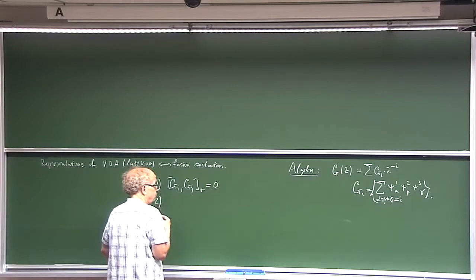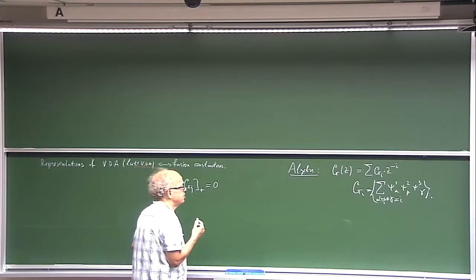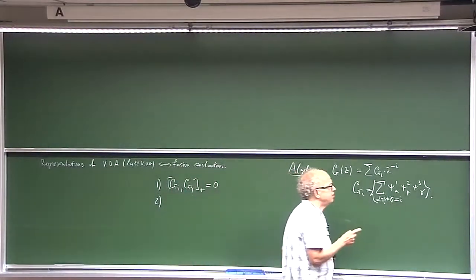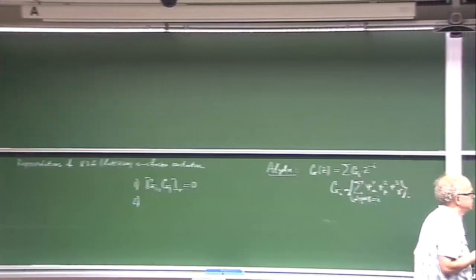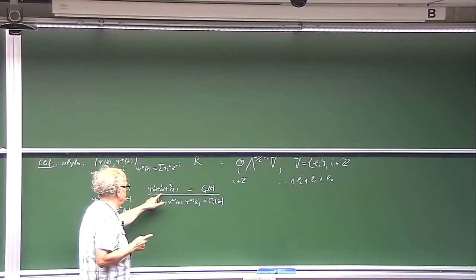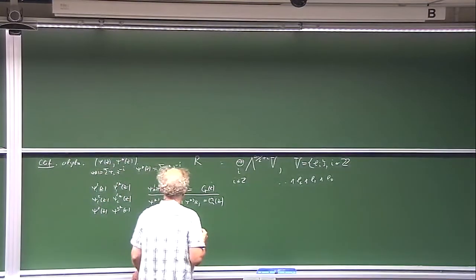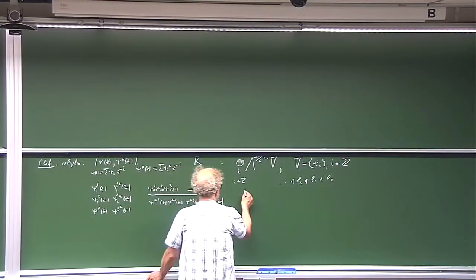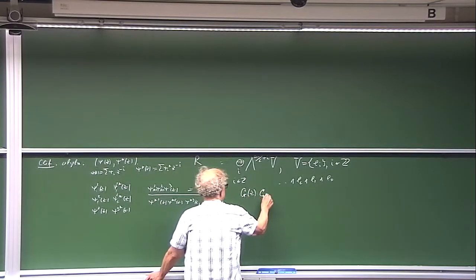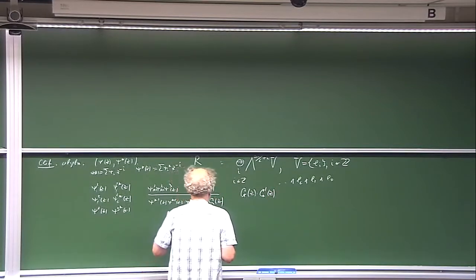We know a relation which follows from this formula. I can write down G(z) times G'(z).